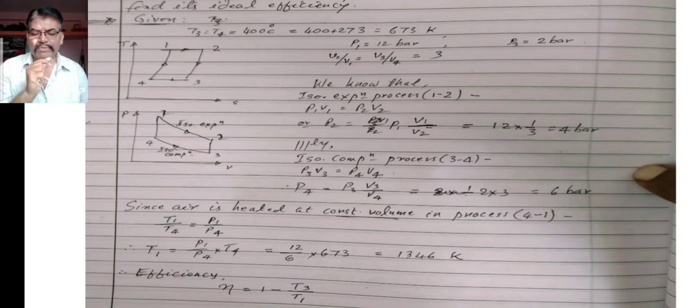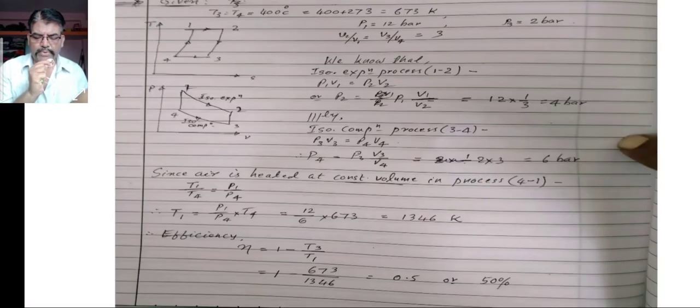Now we know the isothermal expansion process is process 1 to 2. From the PV diagram, P1 V1 is equal to P2 V2, so to calculate P2 the formula becomes P1 V1 divided by V2. By putting in the values we get P2 as 4 bar. Similarly, for the isothermal compression process 3 to 4, P3 V3 is equal to P4 V4, so after putting in the values we get P4 as 6 bar.